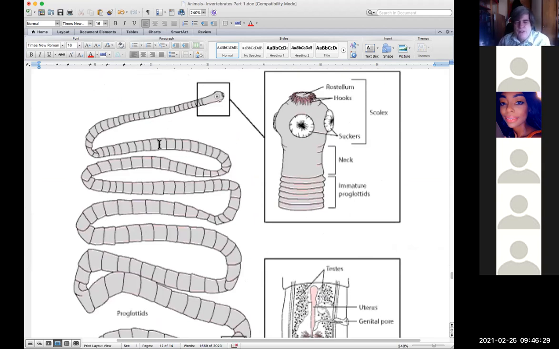If we look at a tapeworm, tapeworms really are very thin, like tape. They're not as wide as tape. If you imagine taking a normal piece of Scotch tape, and you look up near what's called the scolex, kind of similar to the head, the body is probably only about as wide as maybe a fourth of a strip of regular Scotch tape.